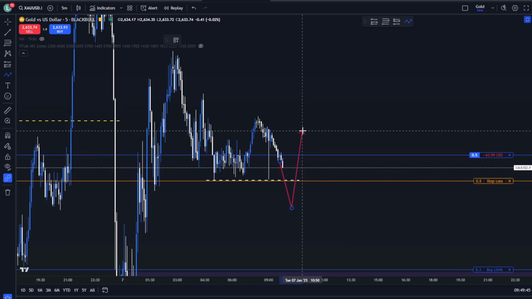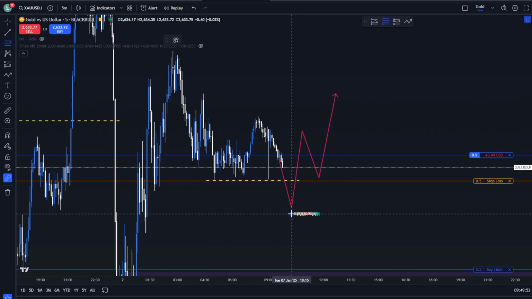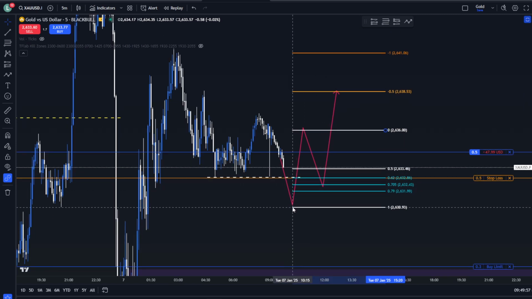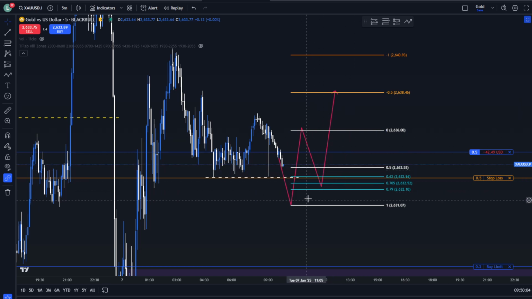And then what might happen is it might come back into an optimal trade entry and off it goes, something like this. So I could be potentially looking at another optimal trade entry.